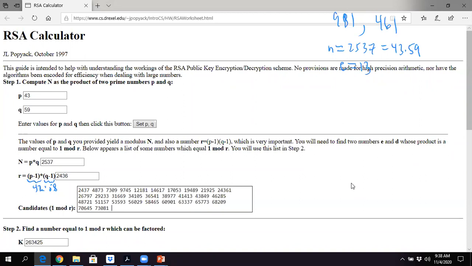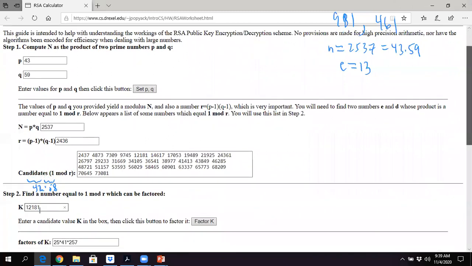That's going to amount to figuring out which of these numbers, if any, is divisible by 13. So do that here for a minute. The claim is 12,181 works. That means let's choose K to be 12181, which apparently is divisible by 13.